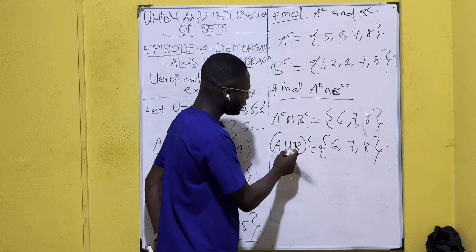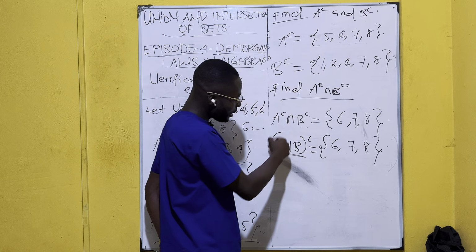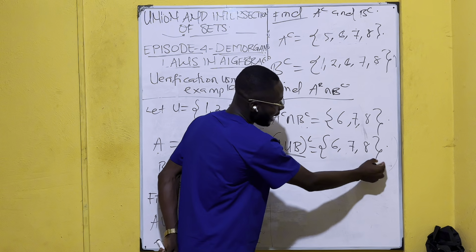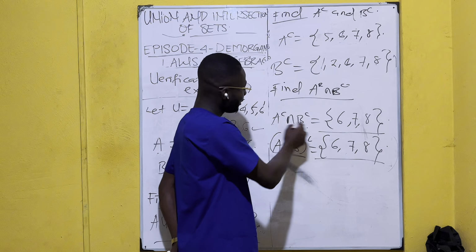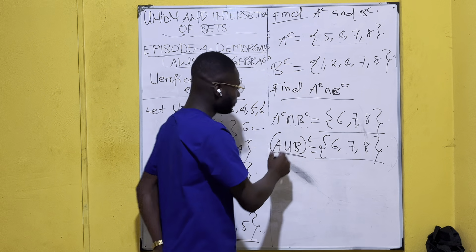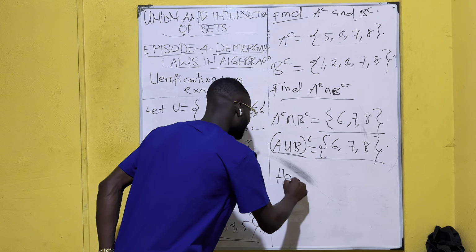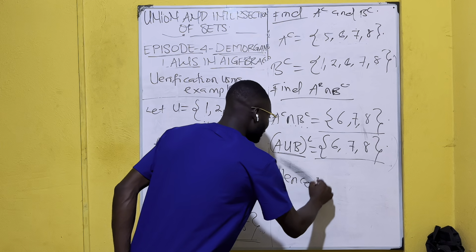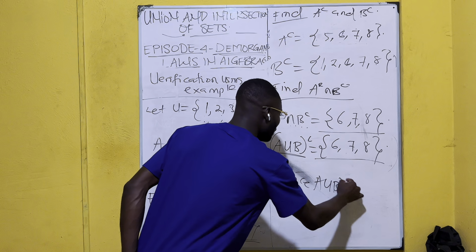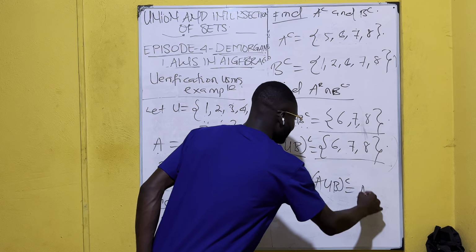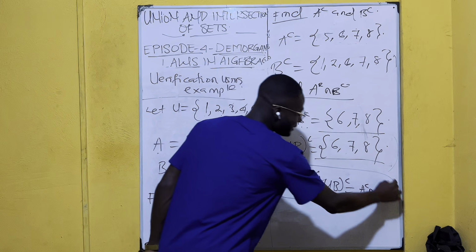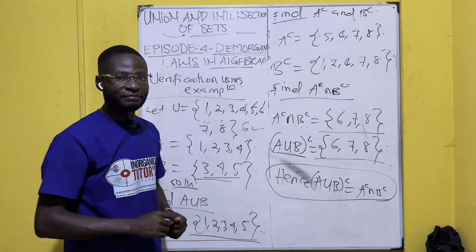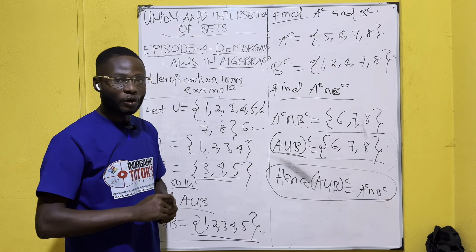So we can see that A union B complement has the same set as A complement intersection B complement. Hence, A union B complement is the same as A complement intersection B complement. And this alone has verified the law.